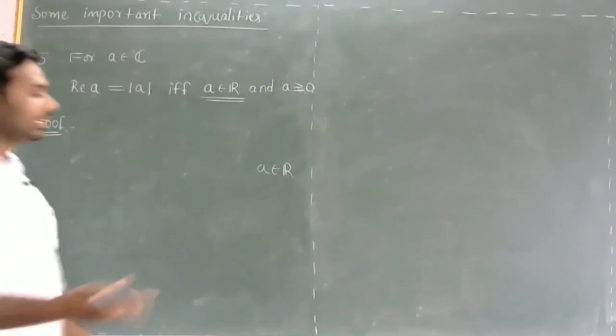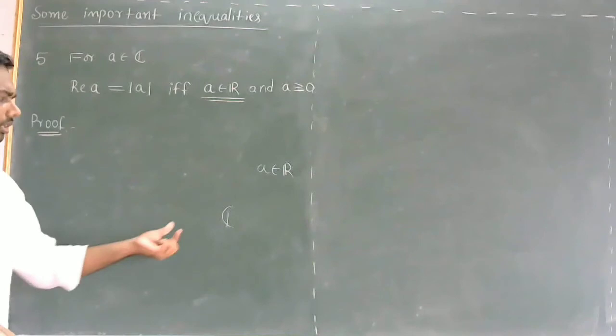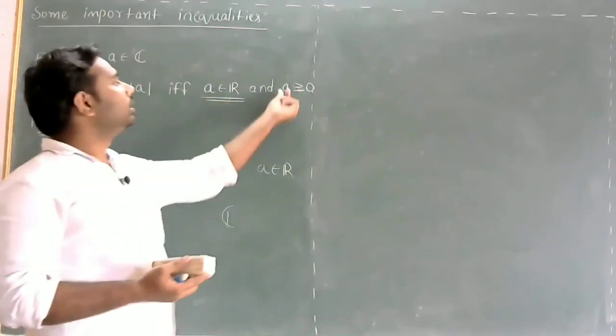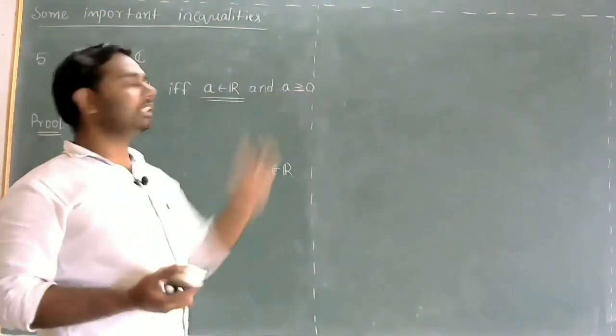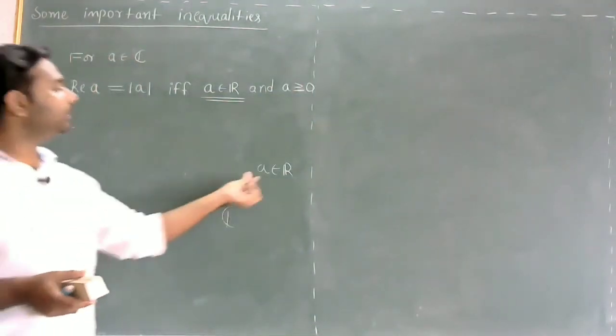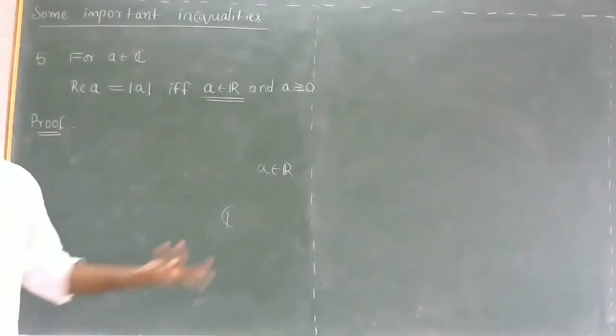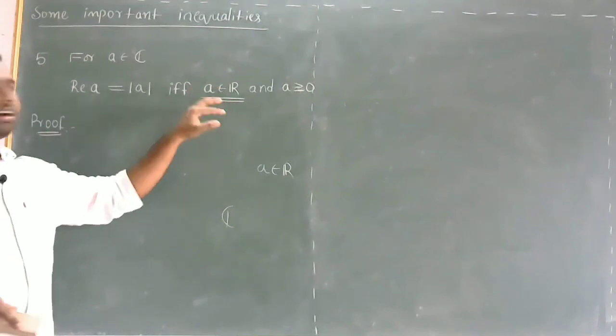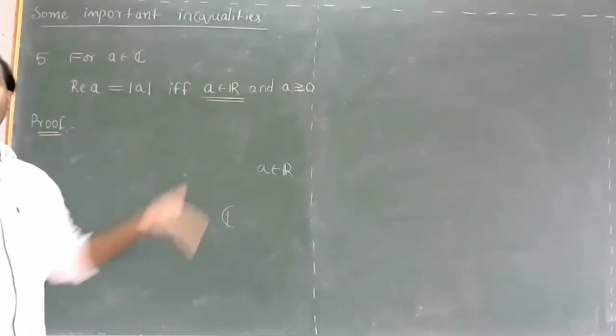The next number system, that is the complex number system, in that number system the numbers cannot be compared. So if I say A is greater than or equal to 0, it obviously means that A has to be a real number, so it cannot be a complex number. So actually we can drop this, or I am just saying explicitly that it is a real number.